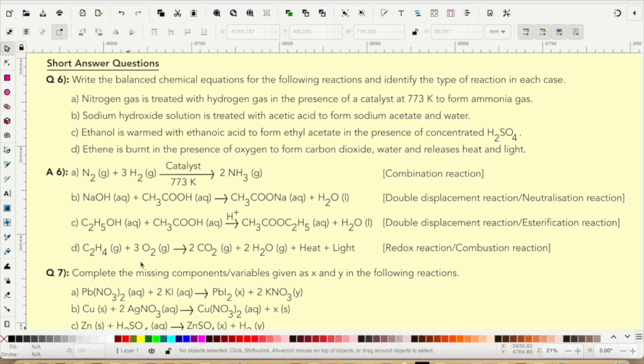C2H4 loses hydrogen to form CO2, so it is getting oxidized. O2 gains hydrogen to form H2O, so this is reduced. So this is redox reaction. Since C2H4 is combining with oxygen to form CO2, water, heat and light, it is combustion reaction.